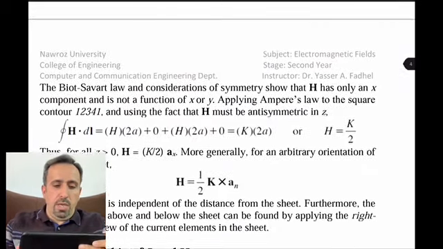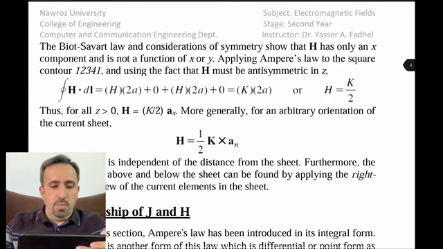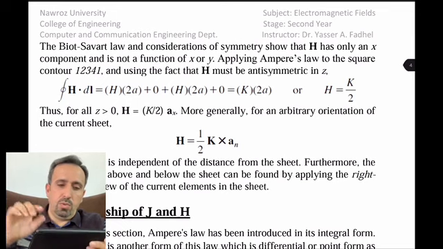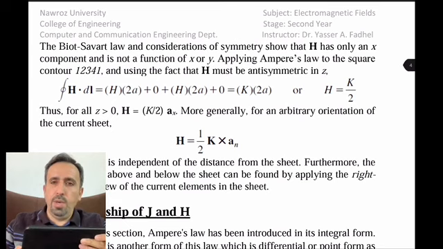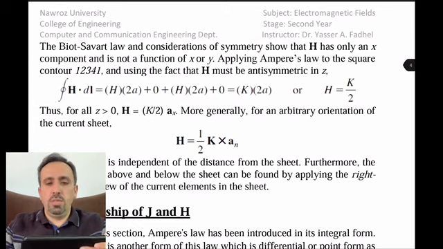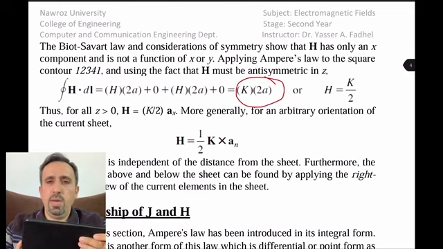So H times 2a, plus 0, plus H times 2a from 4 to 1, plus 0. So you have two 0 terms and two non-zero terms, equal to, on the other side, K multiplied by 2a.